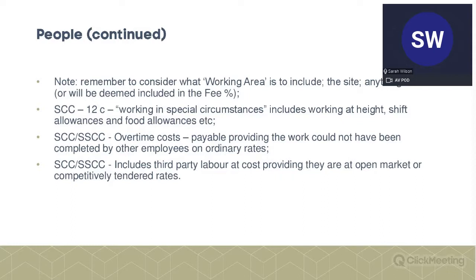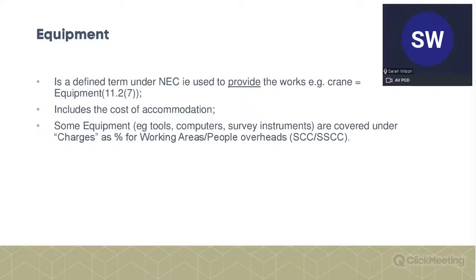For both of them, again, third-party labour costs are at open market or competitively tendered rates. And again, that's to avoid a situation where, for whatever reason, inflated rates are paid, which would be unfair to require the client to pay.